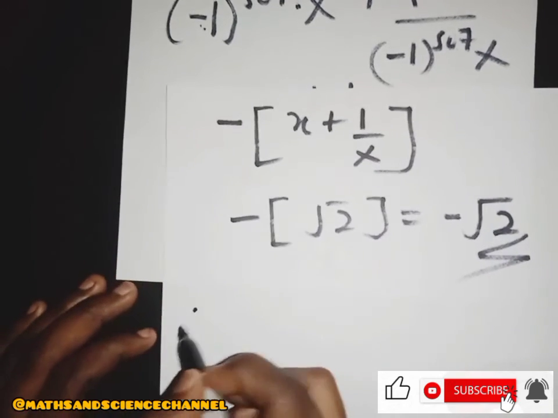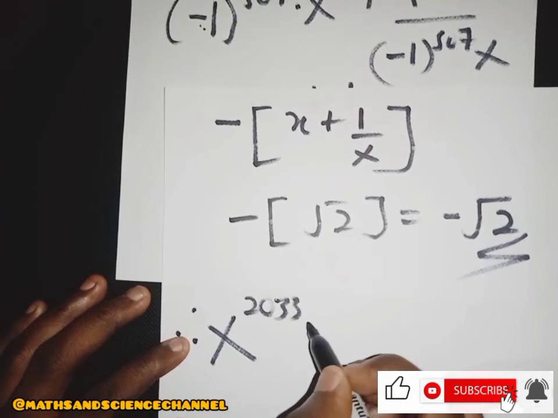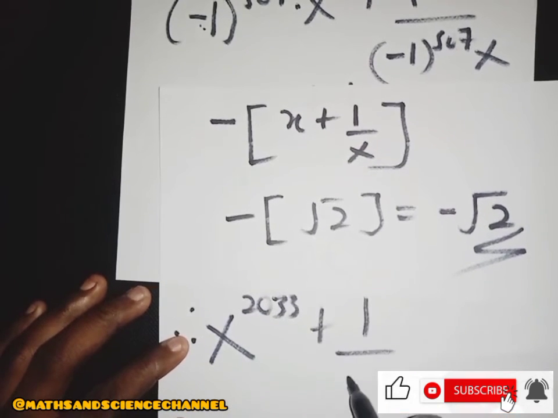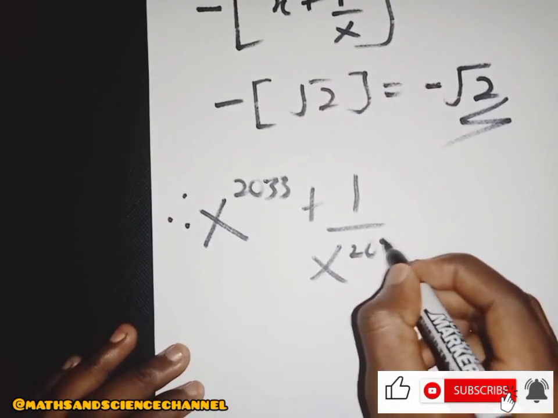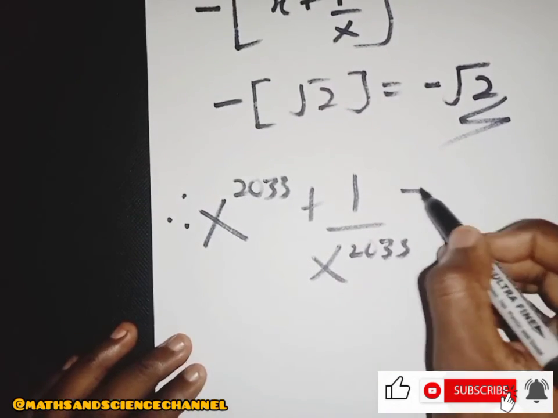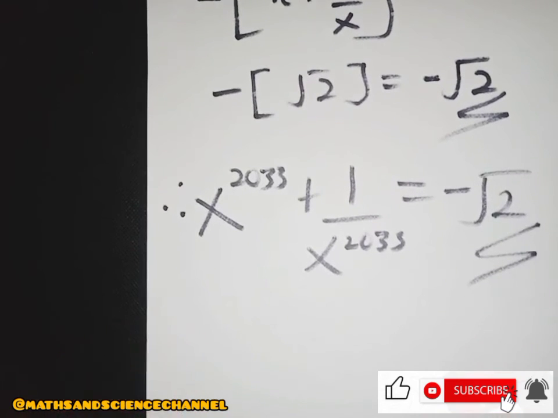So therefore we can conclude that s to the power 2023 plus 1 over s to the power 2023 is equal to -√2, and that will be the value of s to the power 2023 plus 1 over s to the power 2023.